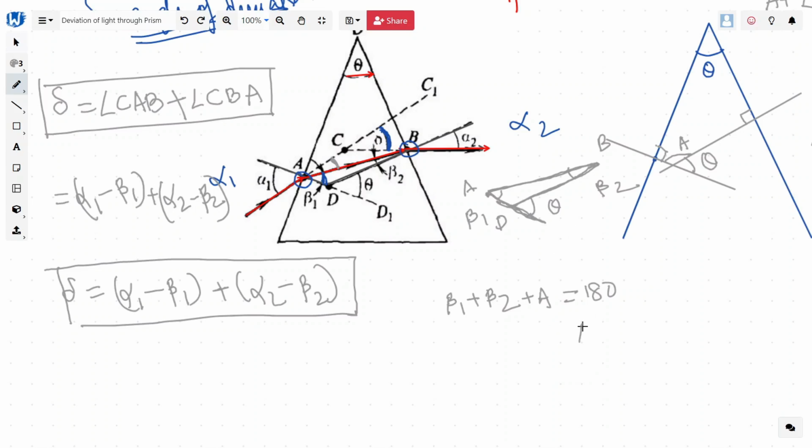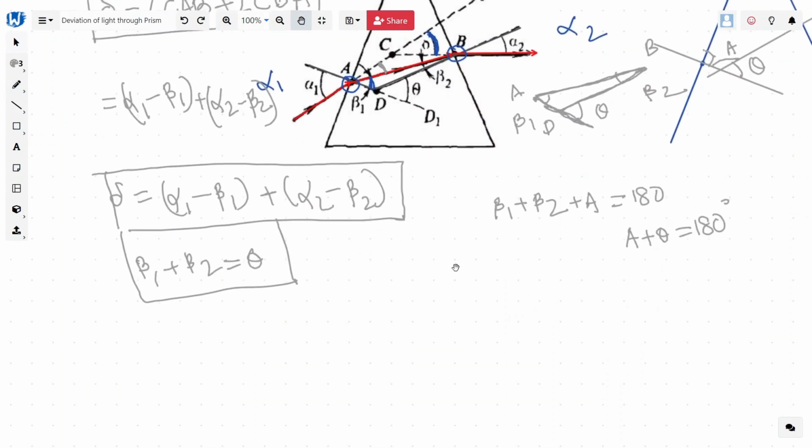So A plus theta is also going to be 180, which means that beta 1 plus beta 2 is equal to theta. So now we have found a relationship between a known variable theta and beta 1 plus beta 2. Now that was geometry.